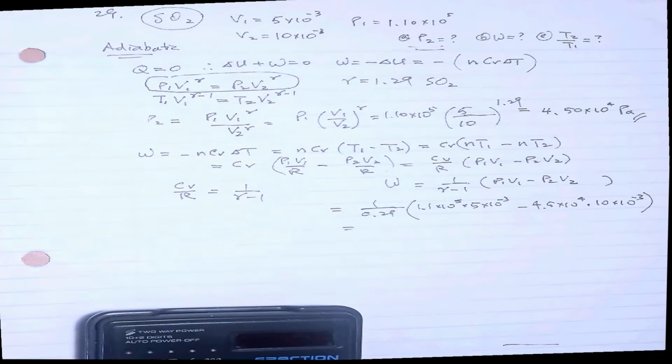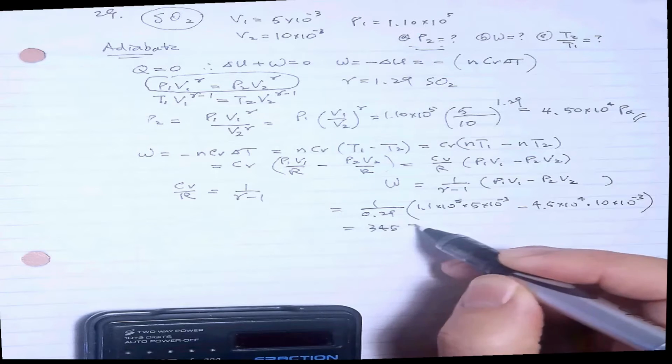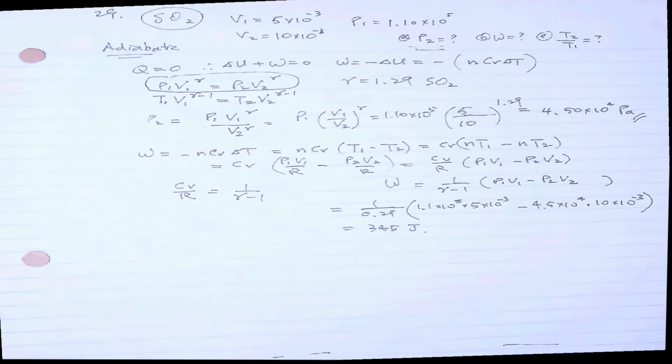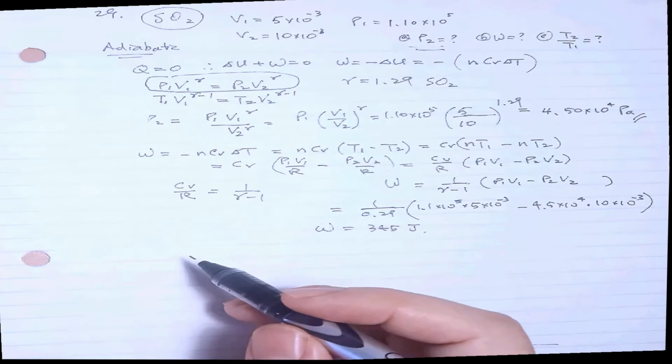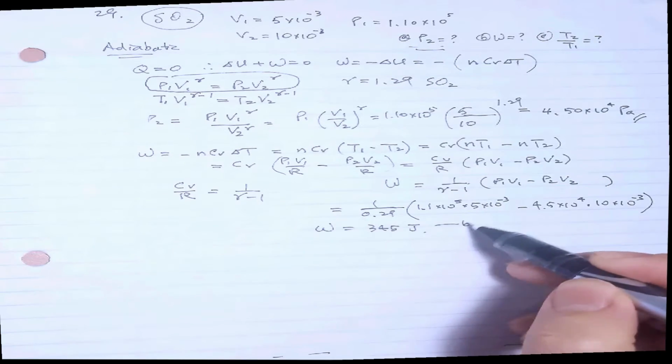It all turns out to be 345 joules. So 345 joules is the work done. That is, the system does work on the environment. And that's part B.